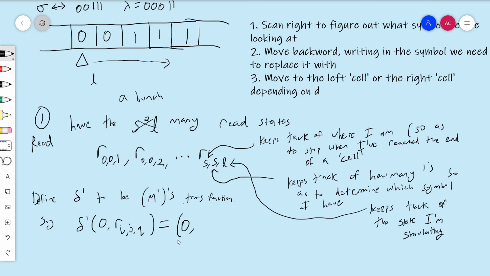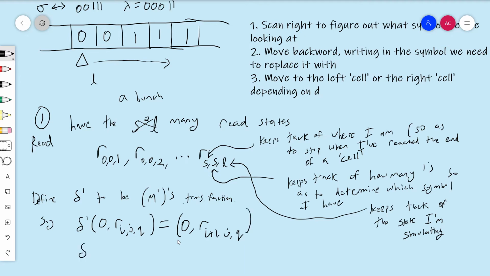And then if it's a 0, then that means that that cell in the simulation does not count towards the symbol that I'm looking at. So I'm just going to increment I. So the state changes. It goes from state IJQ to state I plus 1 JQ. The J is left alone, the I increments, and that's that.